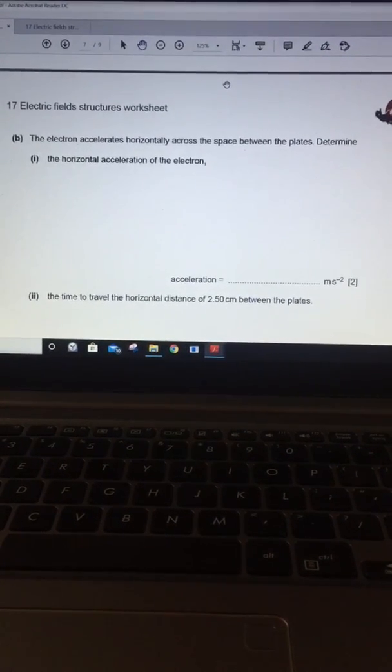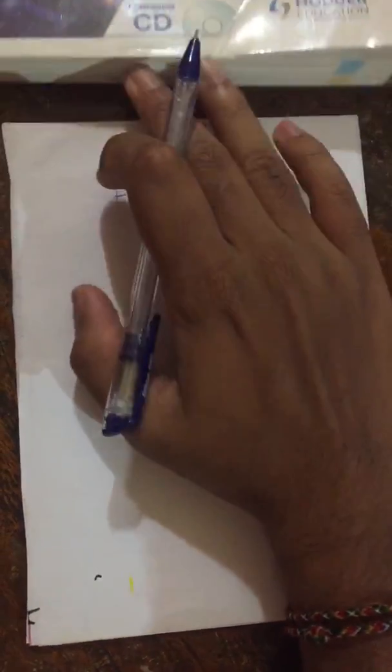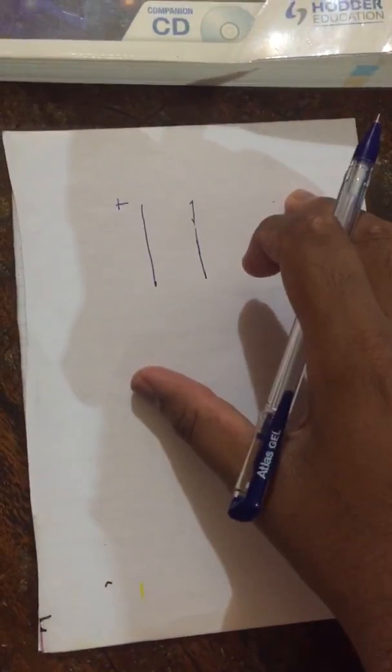So now what happens here is there is this parallel plate. This is the positive end and this is the negative end.